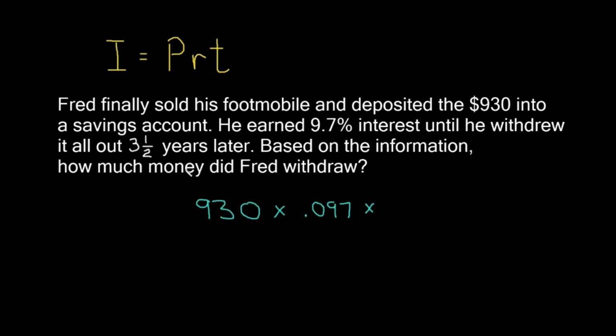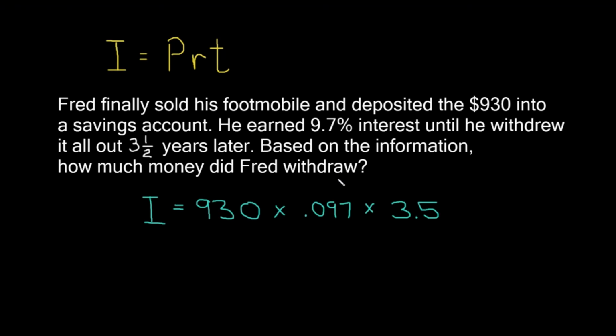Well, let's write that as a decimal. That would simply be 3.5. That's going to give us our interest only. We'll have to add whatever we get back to the principal to get the total amount that Fred, Mr. Flintstone, actually withdrew.